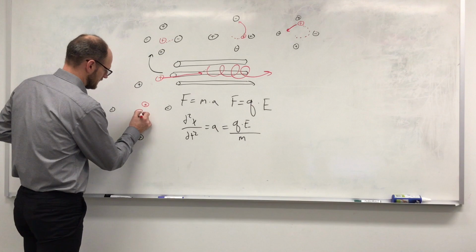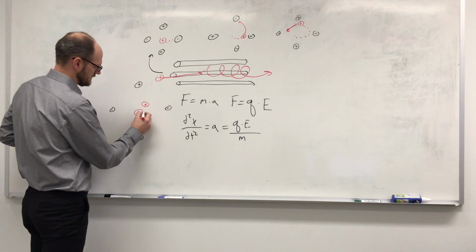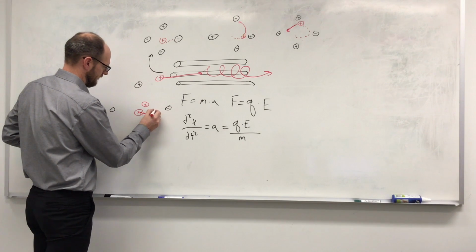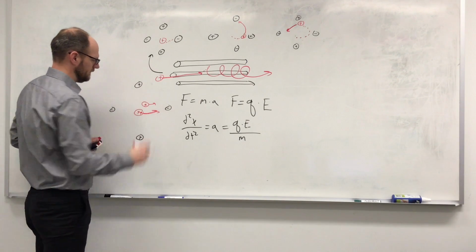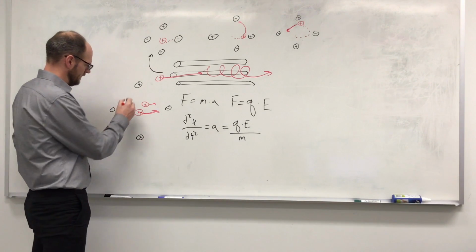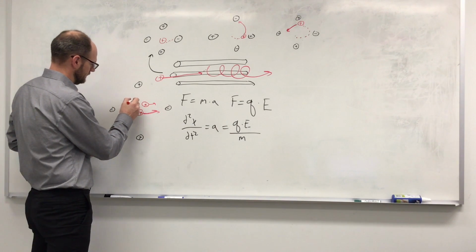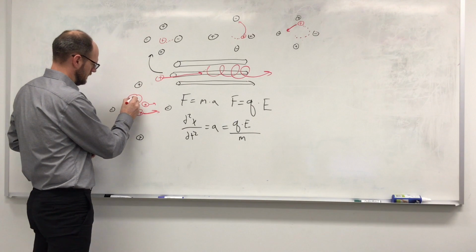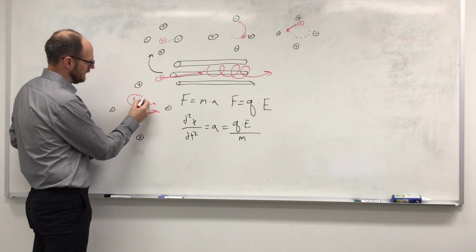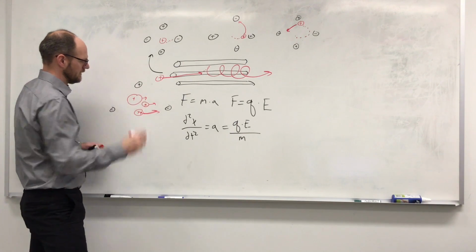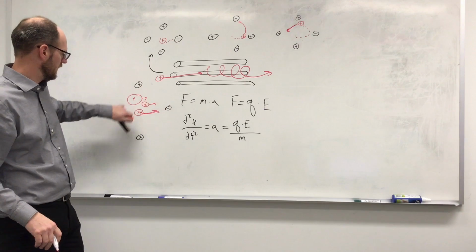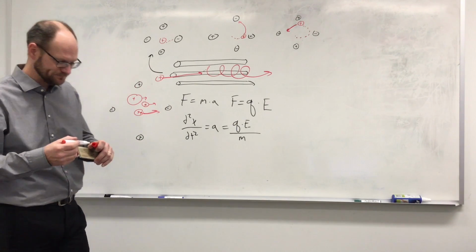But if one of these has got 2 positive charges, this guy will move at twice the rate that this guy will. So likewise, if you have a very massive particle with the same charge as a smaller particle, it will move much more slowly in response to these changes in the electromagnetic field.